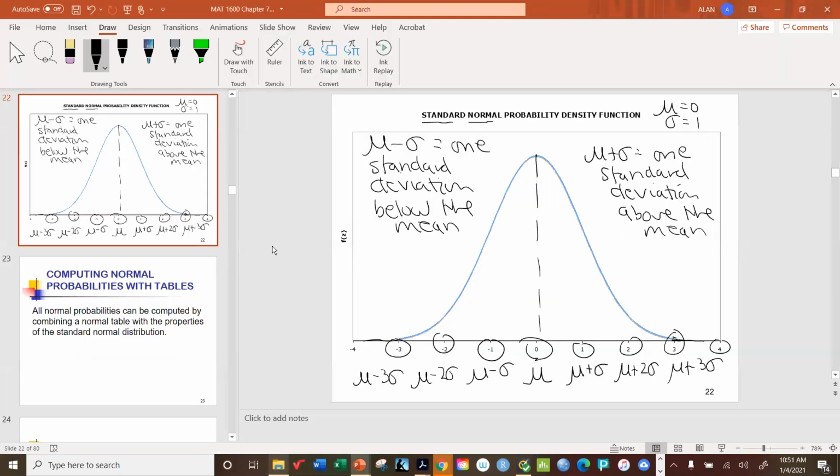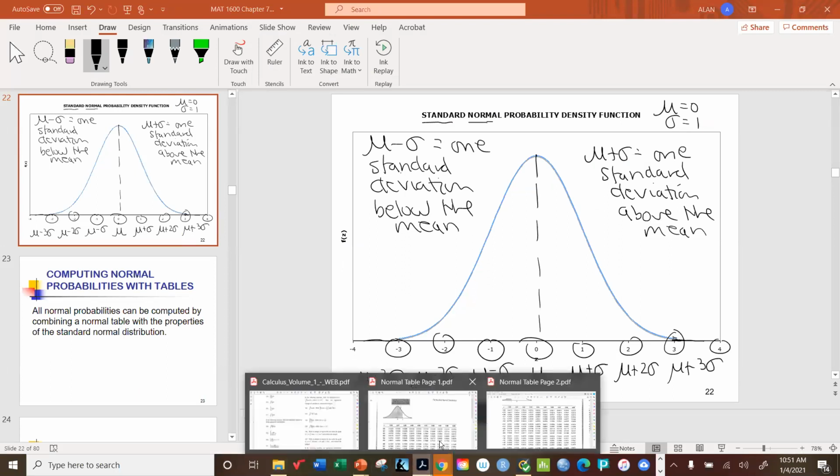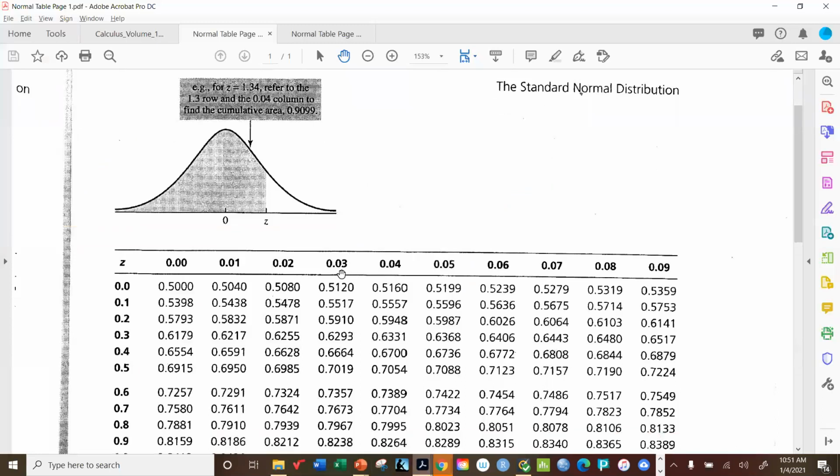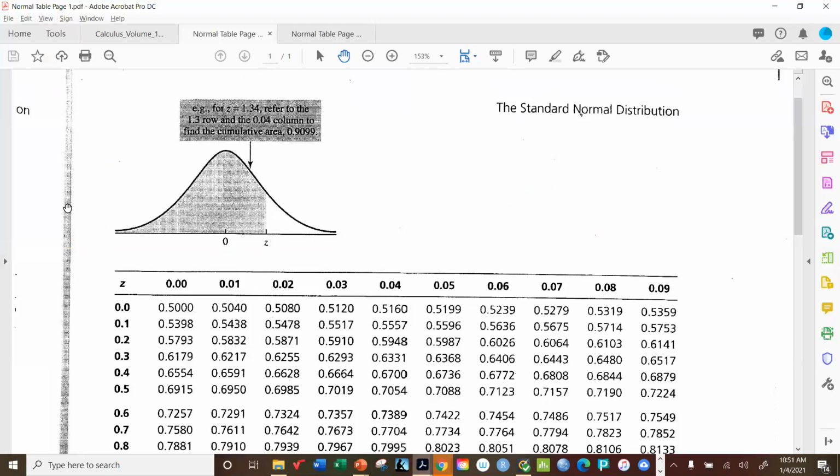Now, the one thing you do want to notice with these charts is that they always are geared towards less than or equal to. Okay, so these are then formally known as cumulative probabilities.